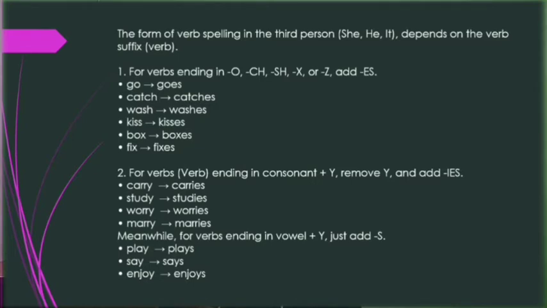For example, go: you add es, it must be goes. If the example is catch, you add es and it must be catches. For the example wash, you add es, it must be washes.